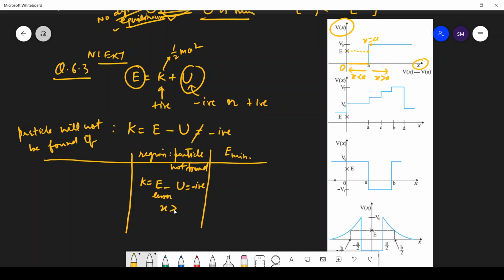It means the particle will not be found in this region, because here kinetic energy comes out to be negative. So what is the minimum total energy the particle must have? It is 0.